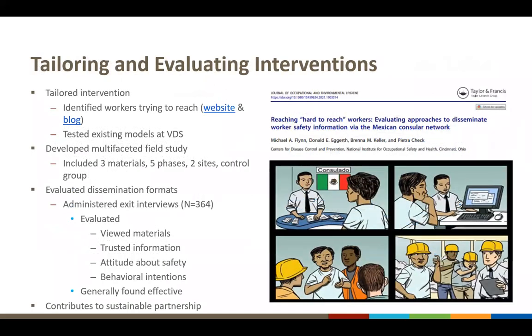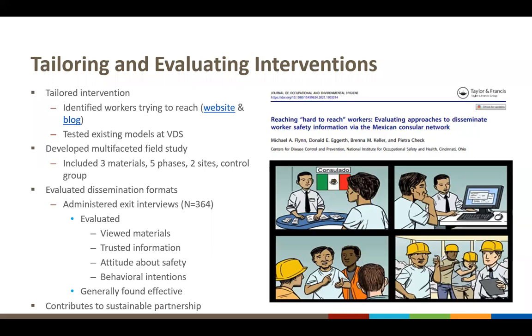And so we designed a tailored intervention and evaluated it to find out the most effective way of disseminating occupational safety and health information through the consulates. When we tailored the intervention, first, we identified the workers we were trying to reach, largely Mexican immigrants in some key industries that they're overrepresented in, like construction.